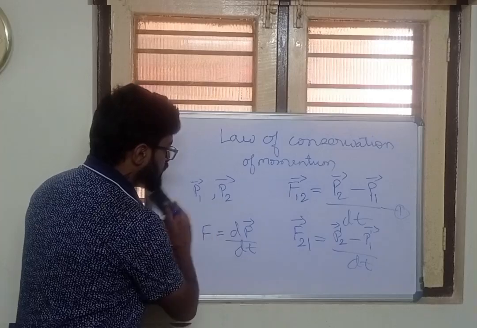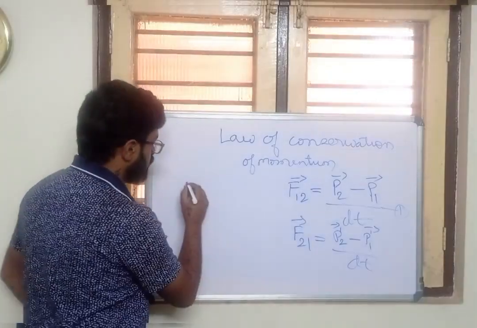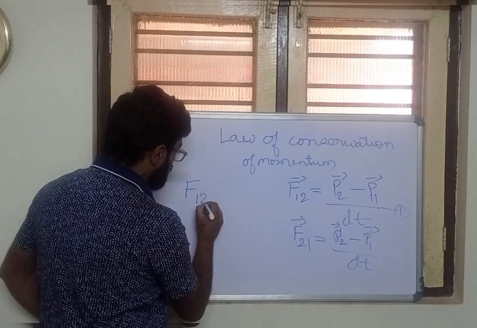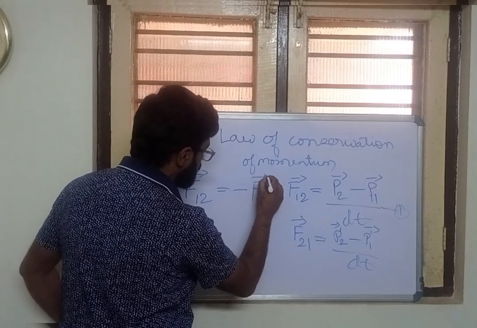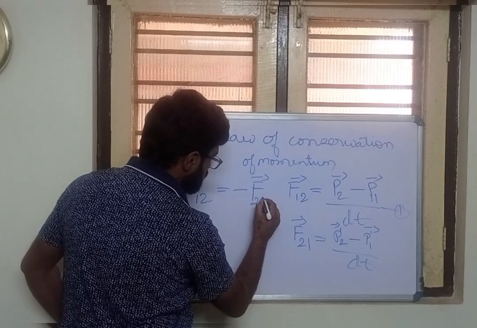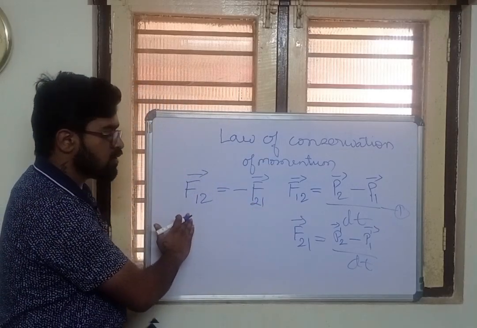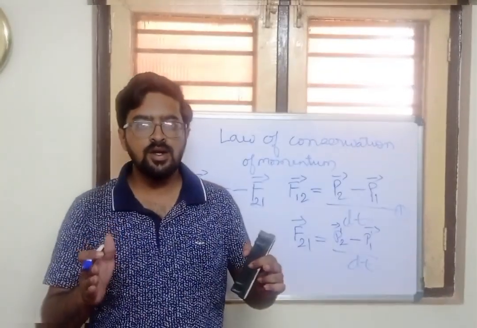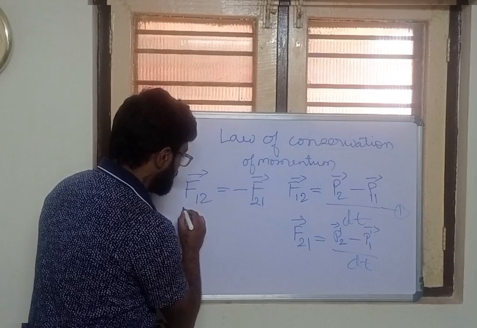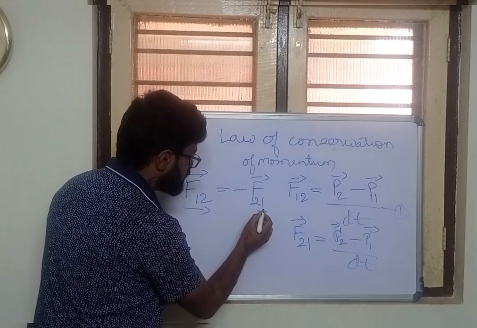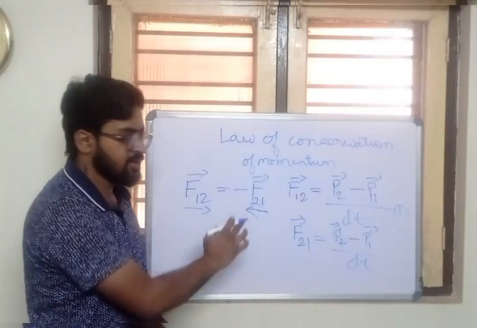So by Newton's third law, force 1 2 is equal to force 2 1, so the forces are equal and in opposite direction. So this force is in this direction and this force is in this direction. That is why we take a negative sign here.